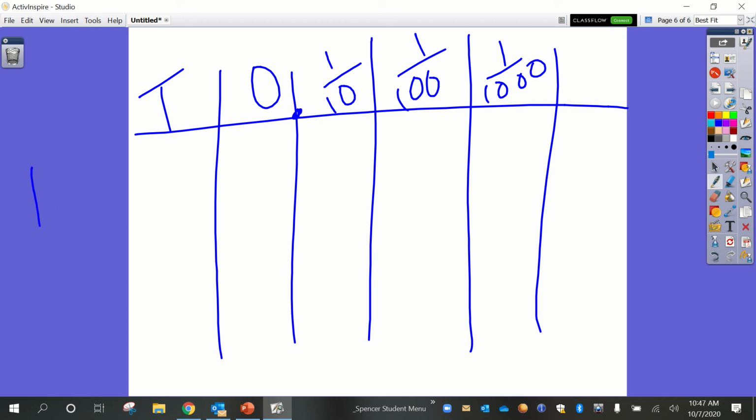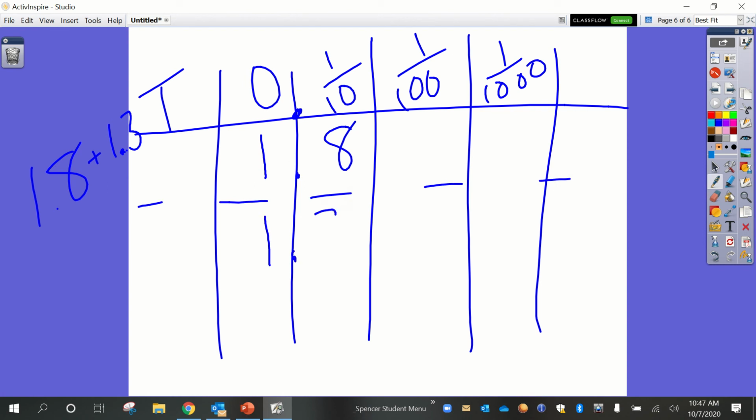We are going to take 1.8 and we are going to add it to 1.3. Well, that's a bad representation. That might get a little confusing over there. Okay. Well, 1 in the ones place, 8 in the tenths place. And we're going to add that with 1.3.